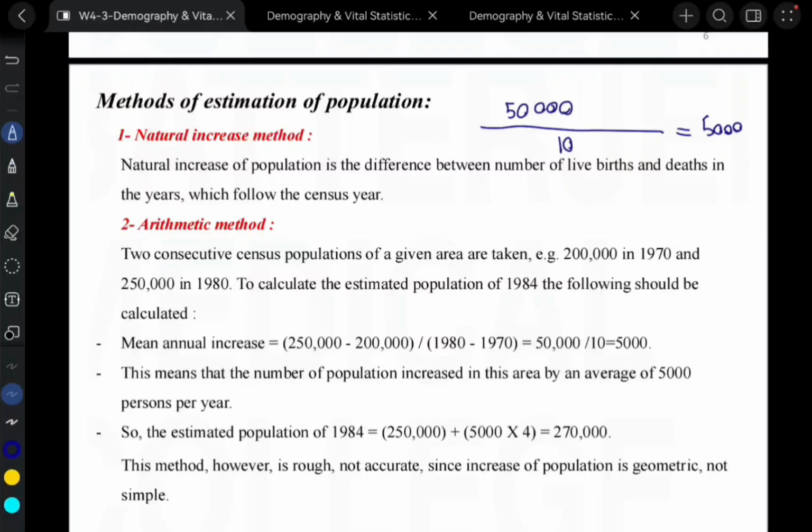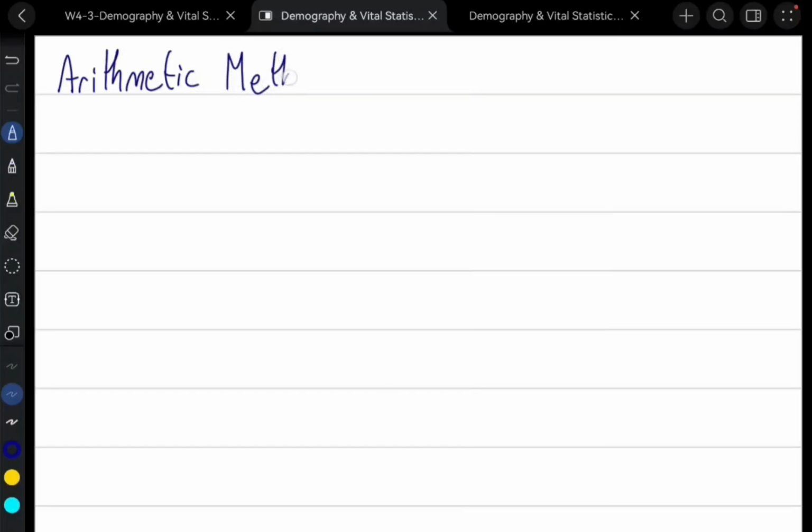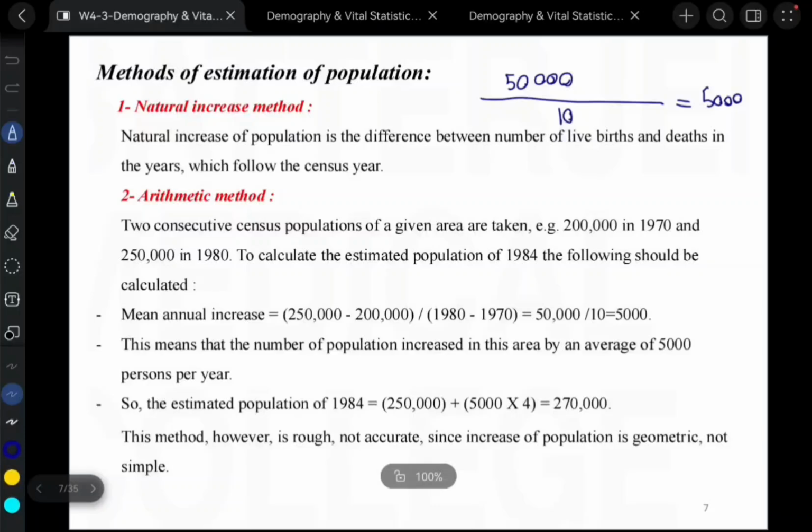But how do we write it here actually? Do we just write the example, or do we write... hold on, let's see. Arithmetic method. Let's try that first. Arithmetic method, and then it has two steps.